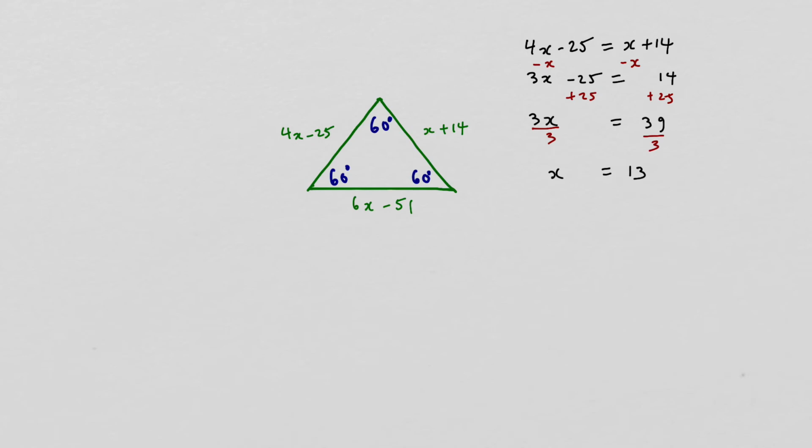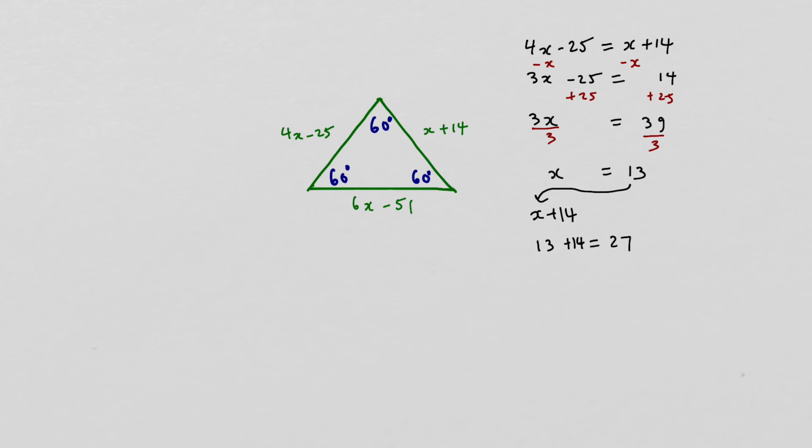Now that we know what x is, we can plug this value into any one of these expressions. So let's plug the 13 into this expression. If we know that this side is x plus 14, then plugging 13 in there, we get 13 plus 14 is equal to 27.